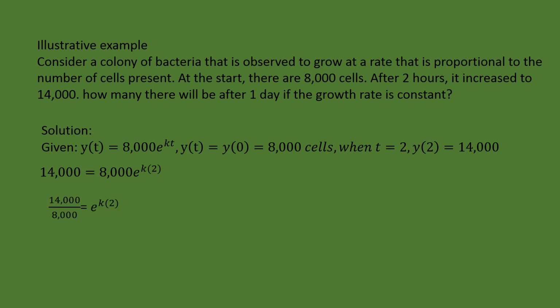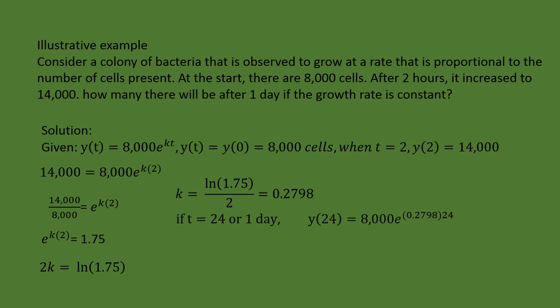So we have e raised to the power of 2k is equal to 1.75, because 14,000 divided by 8,000 becomes 1.75. Then, using the property of logarithm, 2k is equal to ln of 1.75. Dividing both sides by 2, we can now have the value of k as 0.2798.